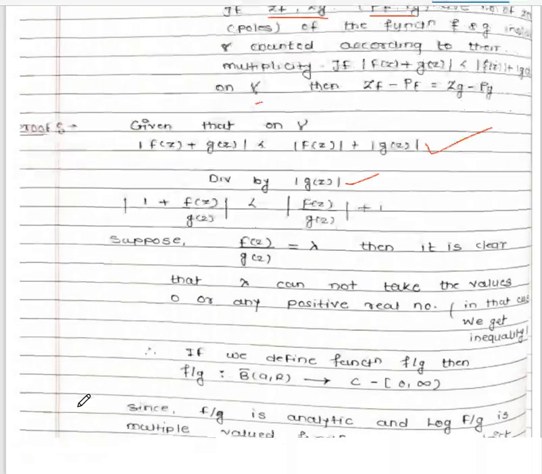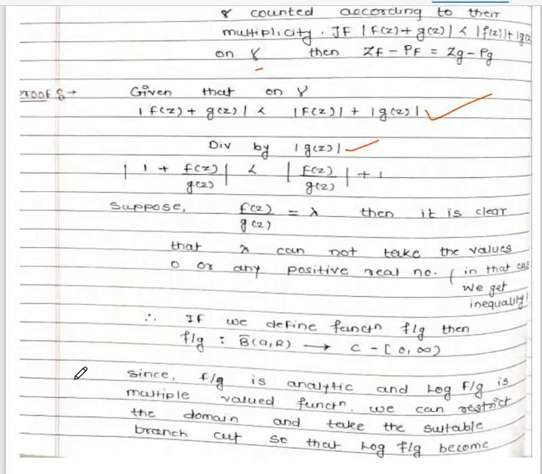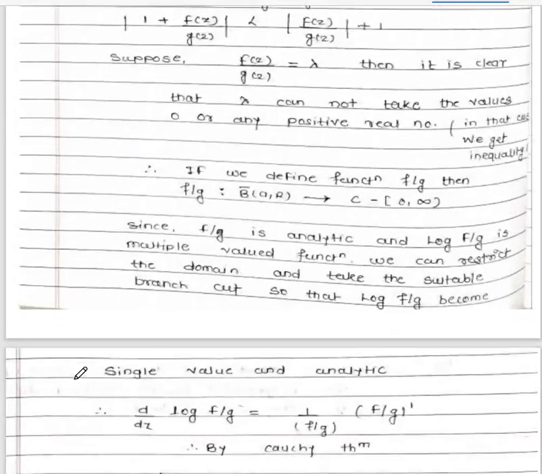Therefore we define the function f divided by g as a mapping on the closed circle with center a, radius r, into C minus the interval 0 to infinity. Here f and g are analytic functions, so we can say that the ratio f divided by g is also an analytic function.